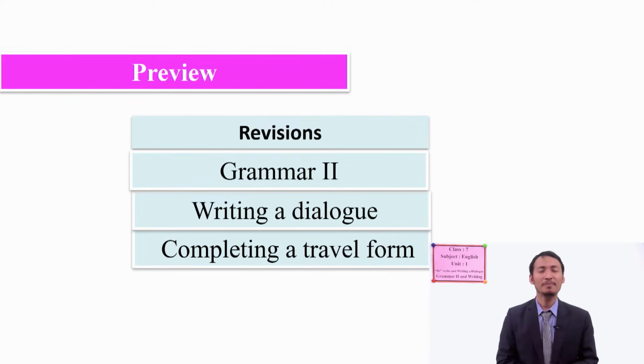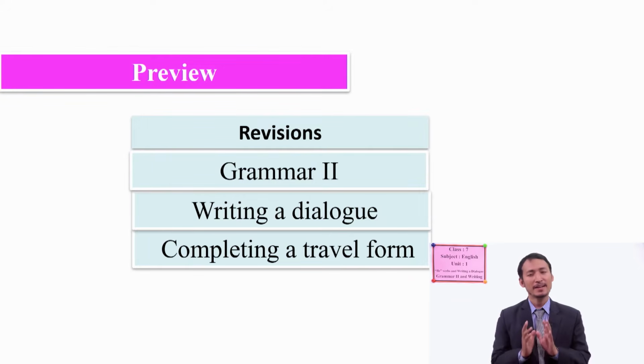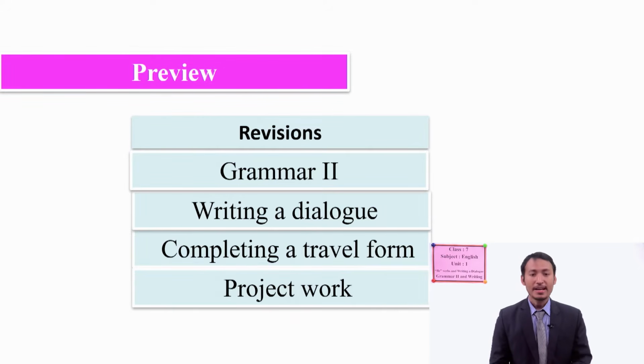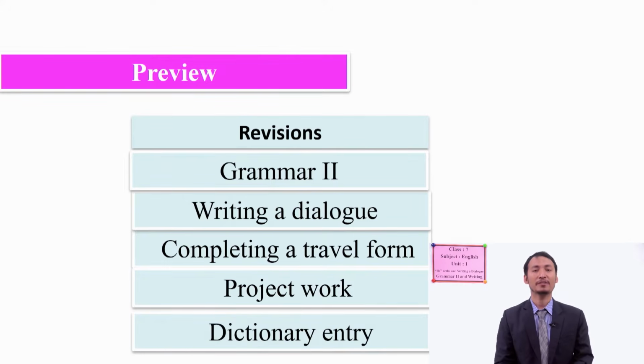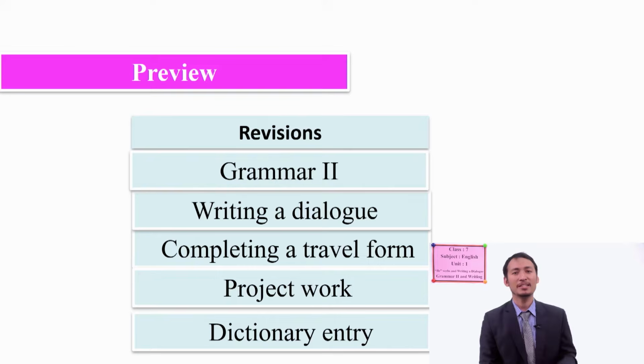So we are going to complete a form, and then we are going to do project work from the book, and then we are going to do some dictionary entry exercise from our book that is given at the end of this Unit 1.